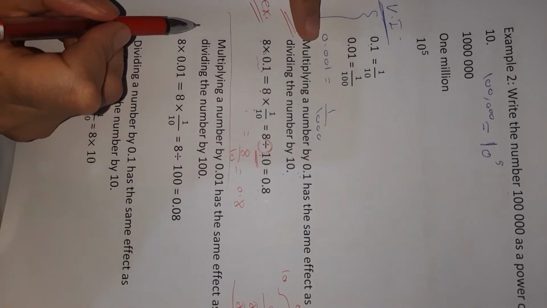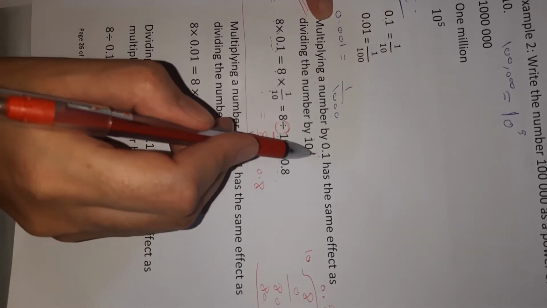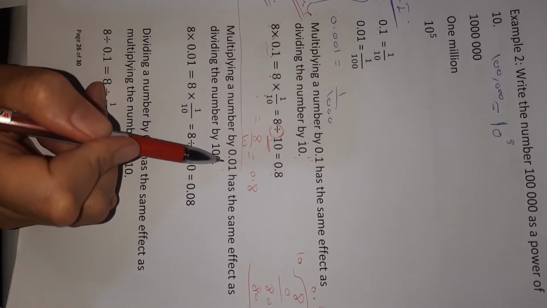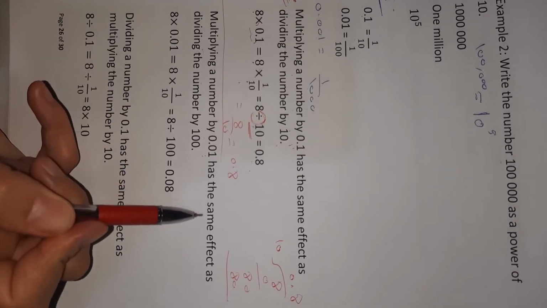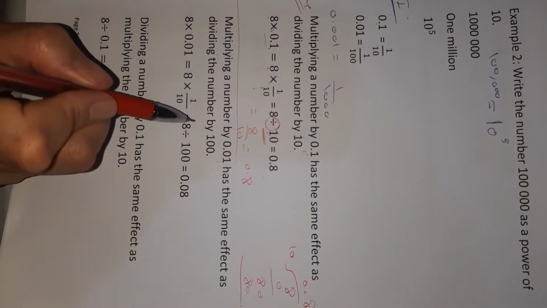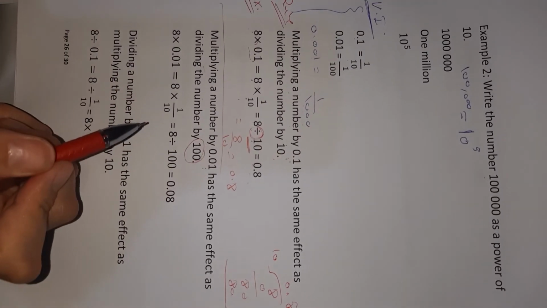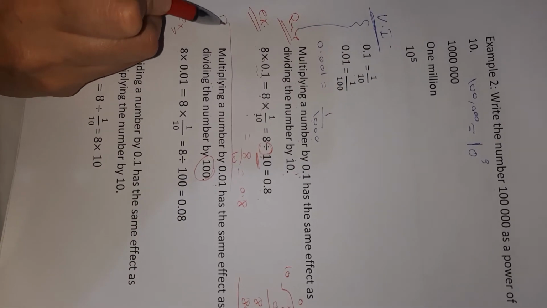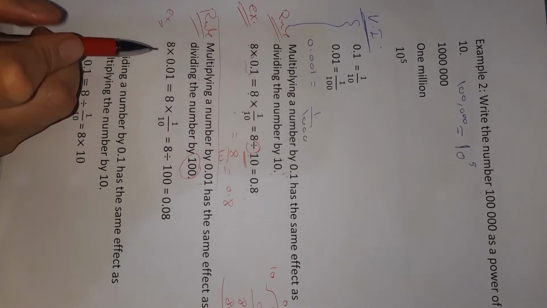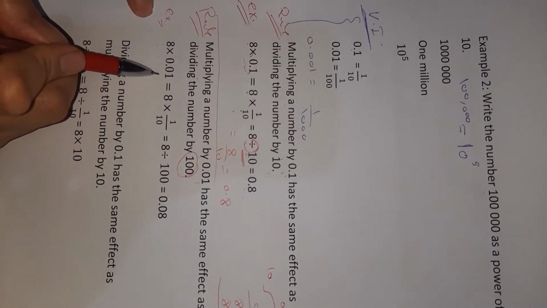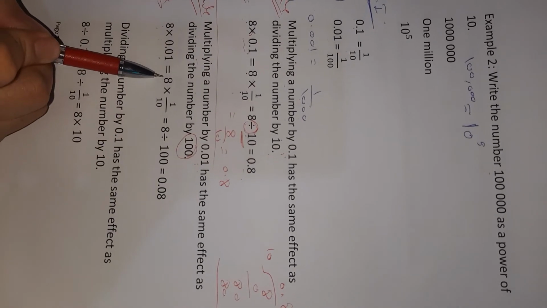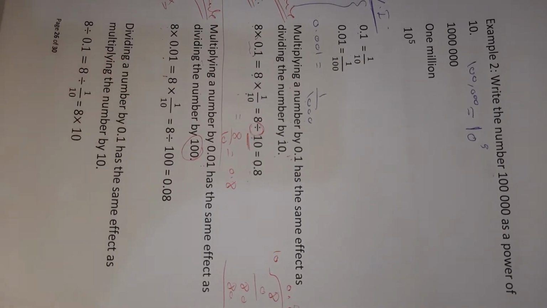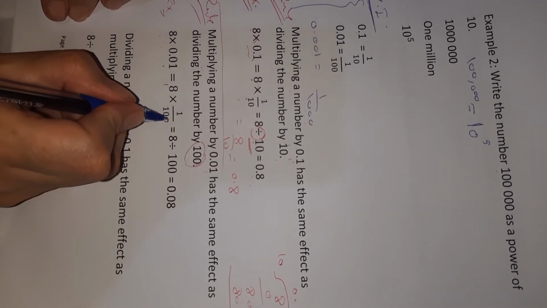Now the same rule, but using one hundredth. Multiplying a number by 0.01 has the same effect as dividing the number by 100. Example: 8 times 0.01, where 0.01 means 1 out of 100.